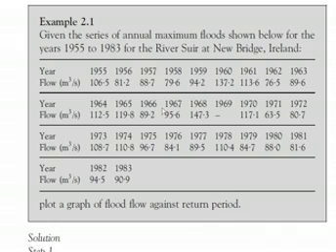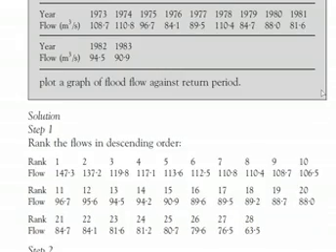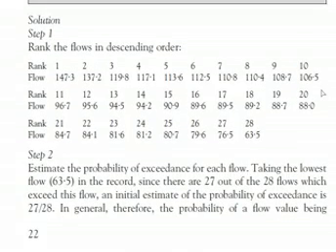We have the year in the top row, and then we have the flow data in the second row there. And of course, there's significant variability from year to year. So the first thing to do with these data is to rank them in descending order.